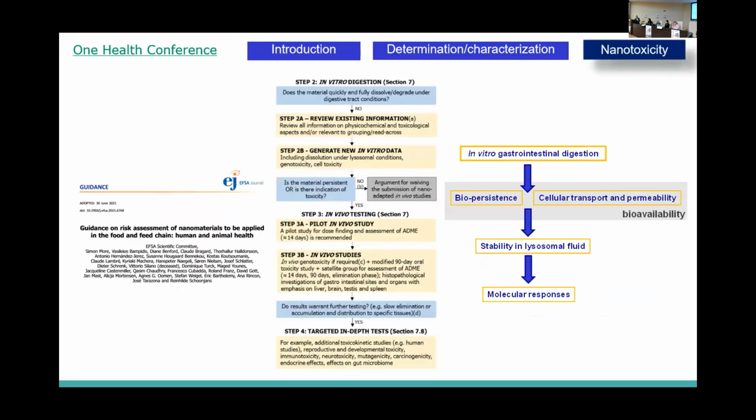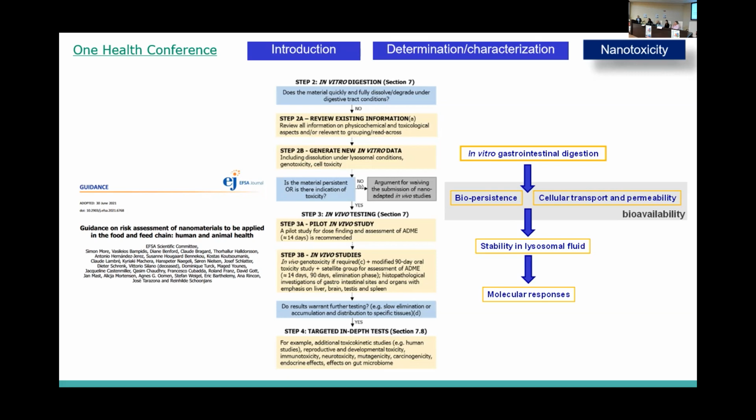Recently, the European Food Safety Authority has published a guidance to evaluate the risk assessment of nanomaterials in the food chain and the feed chain for human and animal health. This guidance had an update last year, in June of 2021.